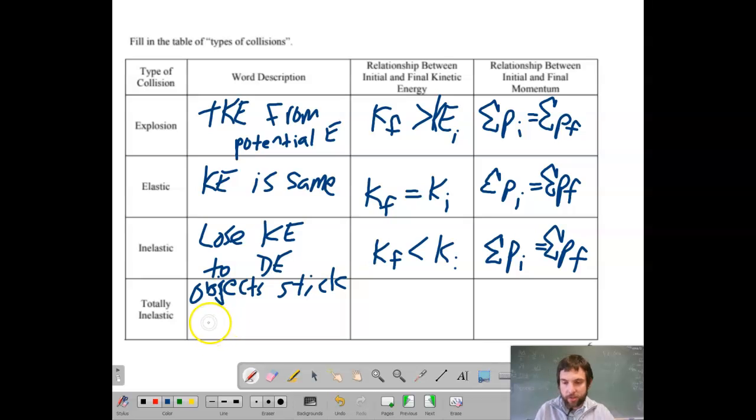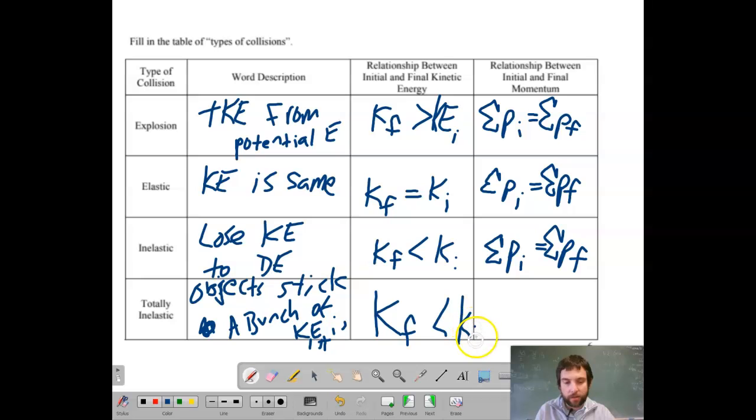Most of the kinetic energy, well, we'll just say a bunch of kinetic energy is lost. So for the relationship between the initial and final, if most of it is lost, then of course your kinetic energy in the beginning is going to be much, much greater than your final kinetic energy.